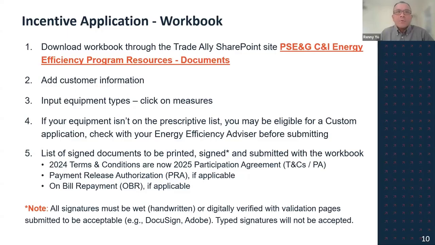Also available within the workbook are several documents that need to be printed, signed, and submitted through the online portal. One of the new items to mention in 2025 under the prescriptive and advanced custom programs is what was formerly known as the terms and conditions in 2024, which is now called the participation agreement.